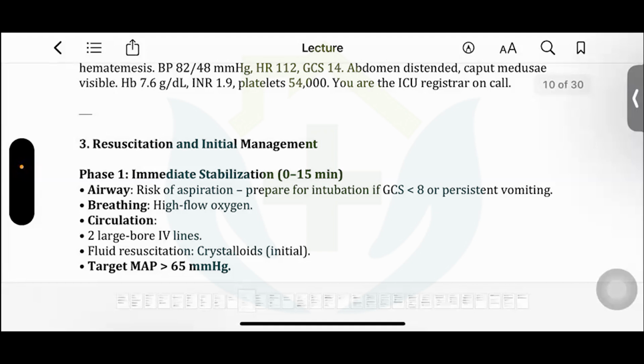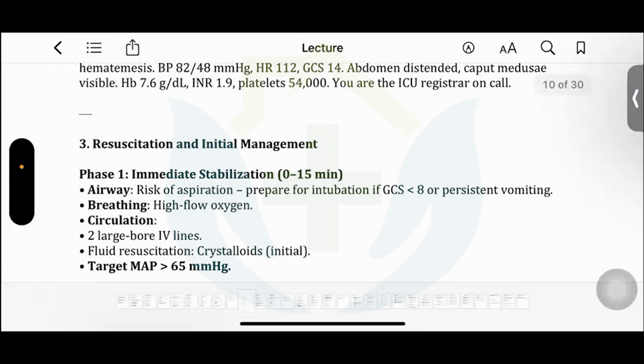But if there is an answer that says two large bore IV cannulas, that will be the preferred answer in case of such a patient. Although if the situation is given that the patient is also having generalized anasarca, then you should opt for ultrasound guided venous access. They will not give you central or peripheral, they'll just mention ultrasound guided venous access, be it peripheral, be it central. Is that okay?